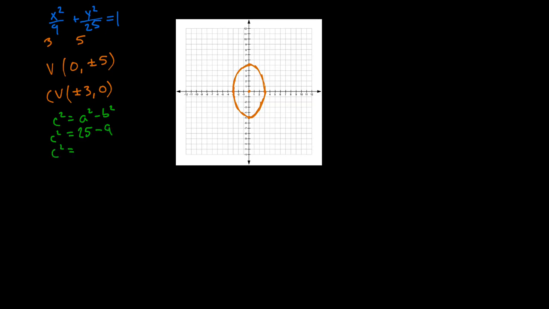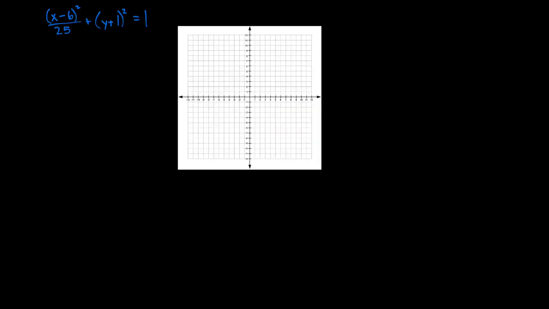So c squared equals 25 minus 9. That's 16. So in this case, c is 4. So that means our foci are 4 away from the center between the vertices. So the coordinates for our foci are at 0, plus or minus 4.